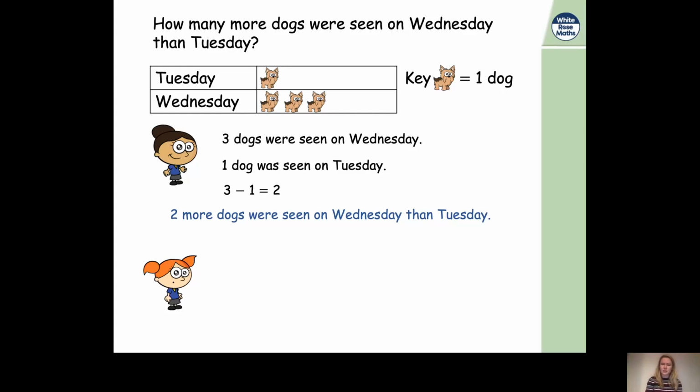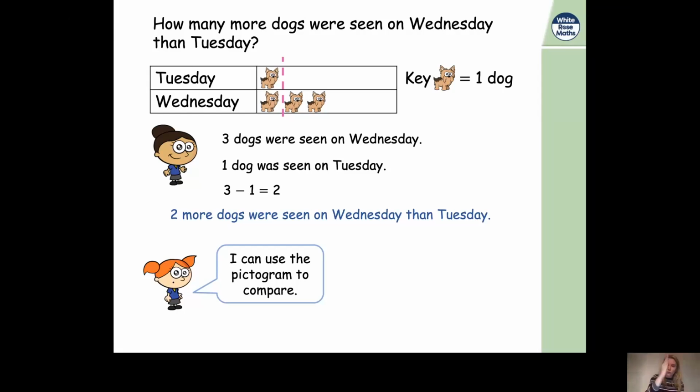Okay, let's see what the other girl was talking about when she said she had an easier way to work this out. Well, she said she can use the pictogram to compare. Well, yes, we can look at the pictures, can't we? And look, if we draw a line here, because there is one picture of a dog on Tuesday, so if we draw a line after that dog, we can then see how many pictures of the dogs are on the other side of the line on Wednesday, and that will tell us the difference.